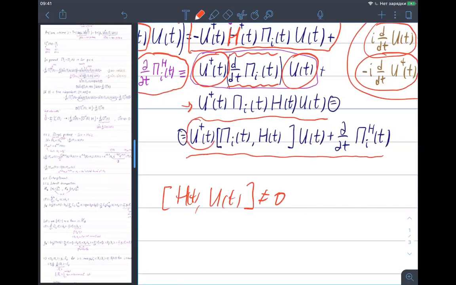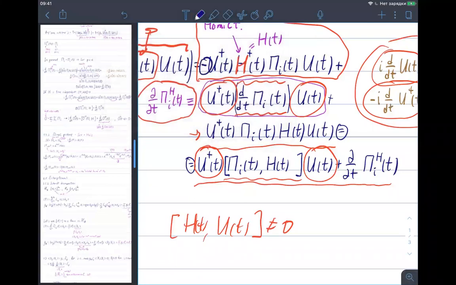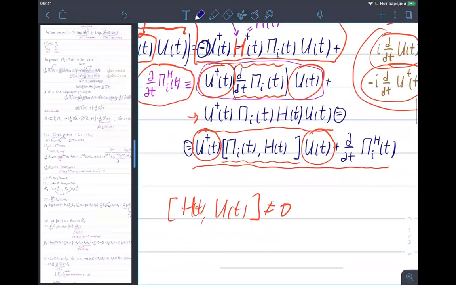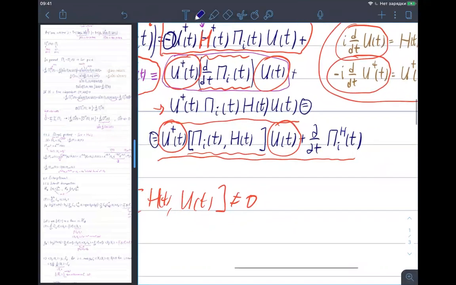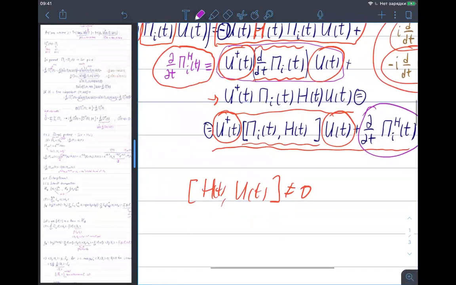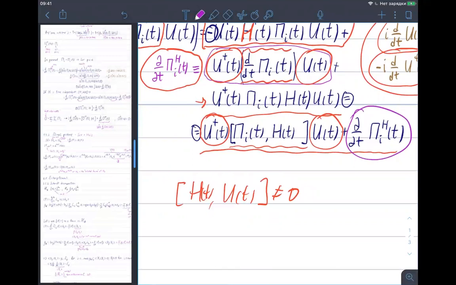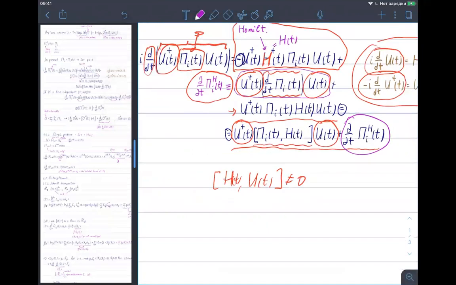We have a sandwich of unitary evolution operators, and inside the sandwich we have a commutator, composed from the first term and the last term with this minus. It's not very nice, but nevertheless it's what actually happens. And finally we have this term, which corresponds to the derivative of the Schrödinger operator in the Schrödinger picture.